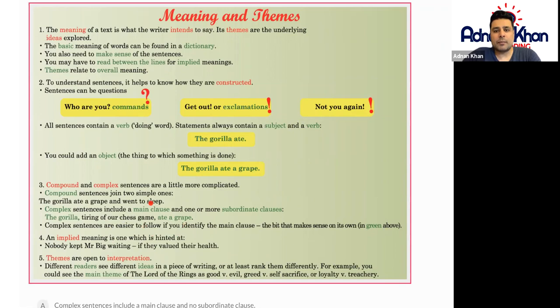If we take out the green section, the gorilla ate a grape, that's the main clause because it gives you the main section of the sentence. Tiring of our chess game is the secondary part of the sentence, and this is called a subordinate clause.